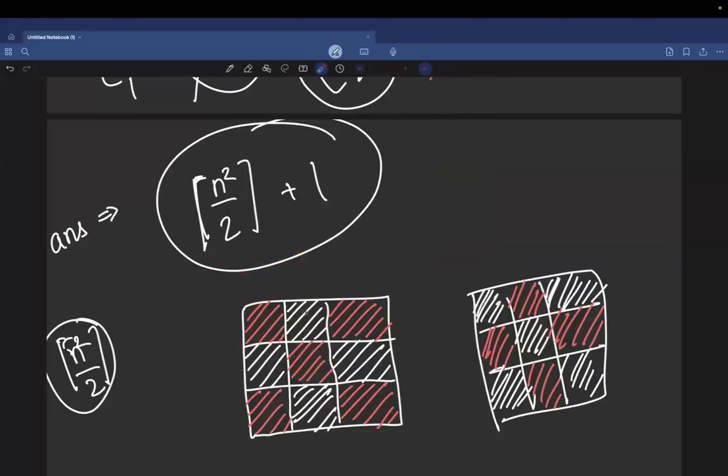So basically the count of these cells will come out to be n square by 2 floor, and the count of these cells will come out to be n square by 2 ceil. You can just understand it with a dry run. I think that would be the simplest way.